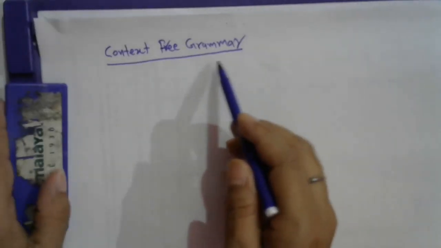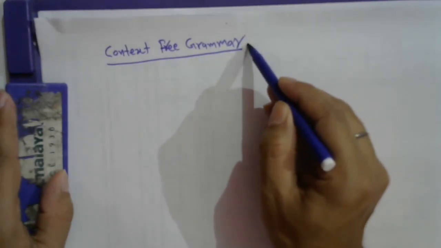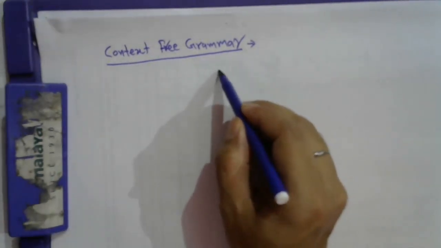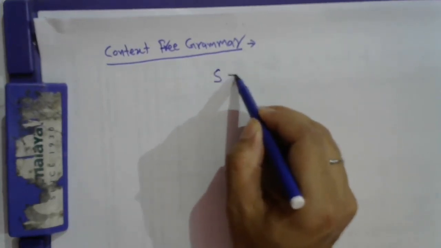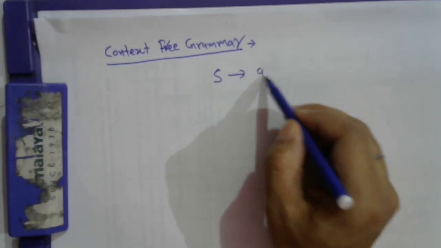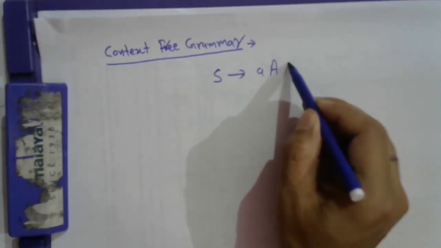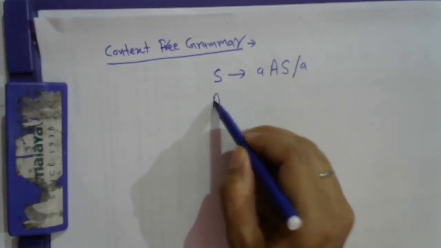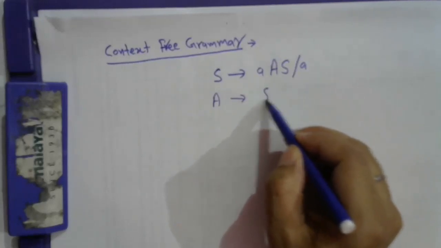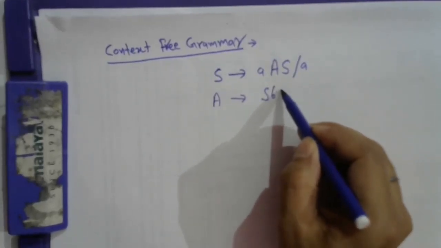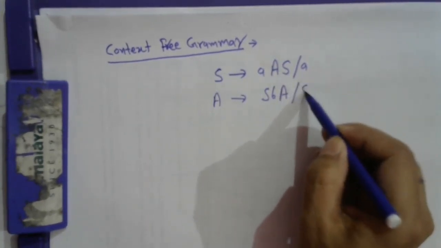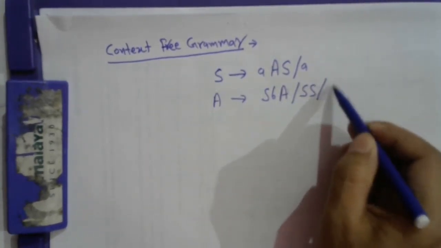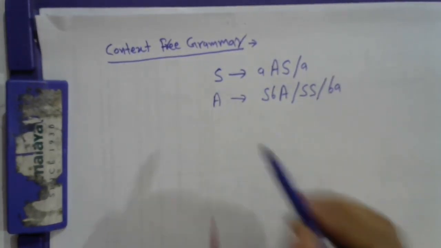Now, how can you write a context-free grammar? We can define it here. Suppose S is the start symbol, and S is the production of the grammar. S can be written as aAa, and A can derive S, BA, SS, or BA.